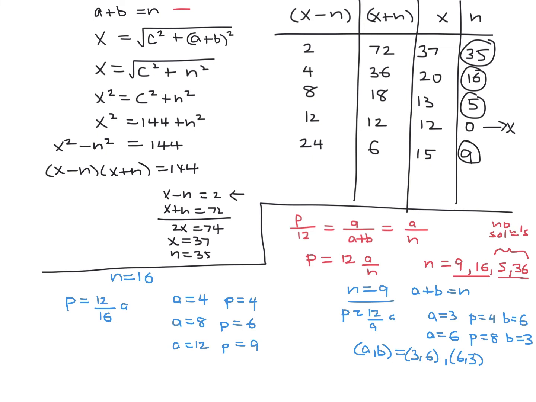And then the corresponding values of B would be 12, 8, and 4. So there we go. We got a few more pairs, and that is 4, 12, 8, 8, and 12, 4. Those are the triples, or the doubles, or pairs, whatever you want to call them, that they're asking for.